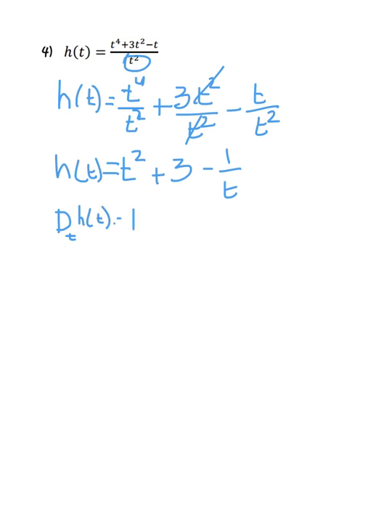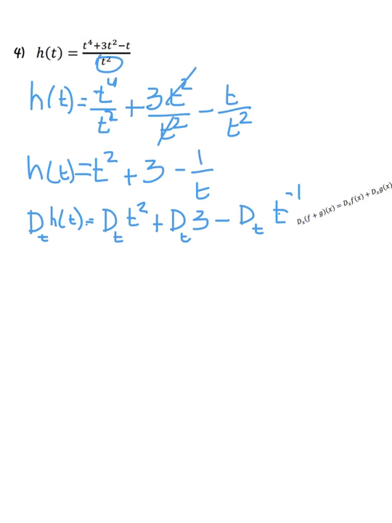That will be the derivative with respect to t of t squared, plus the derivative with respect to t of 3, minus the derivative with respect to t of 1 over t, which should be expressed as t to the negative 1.